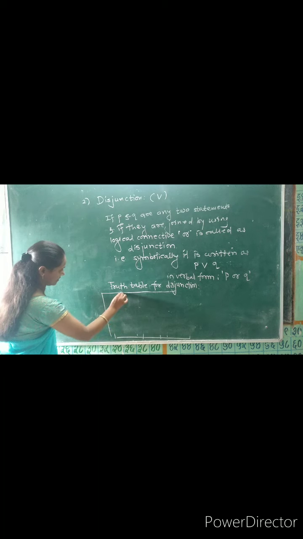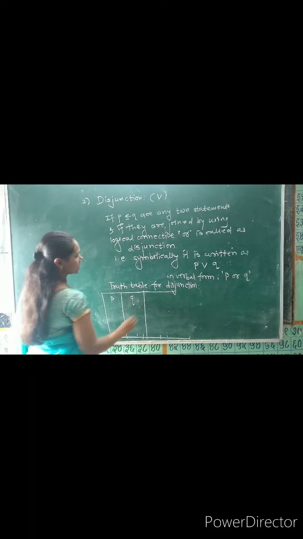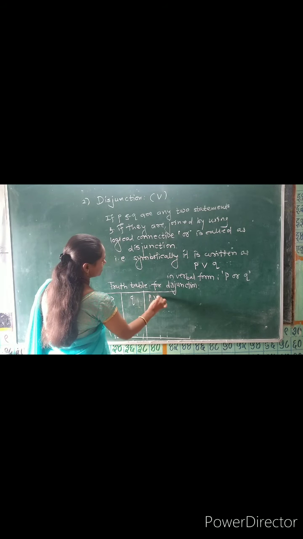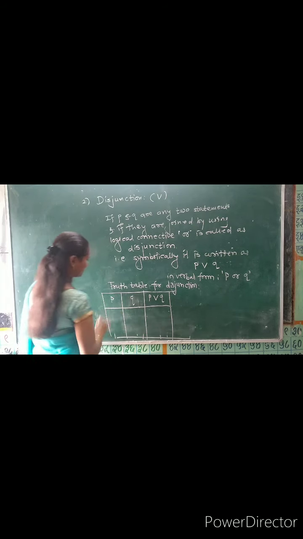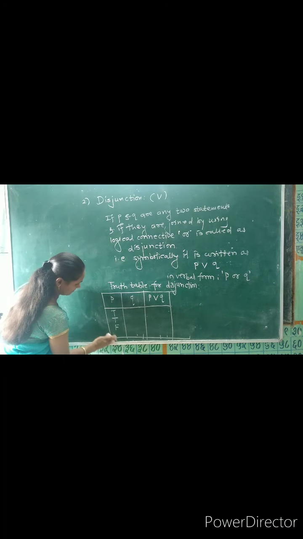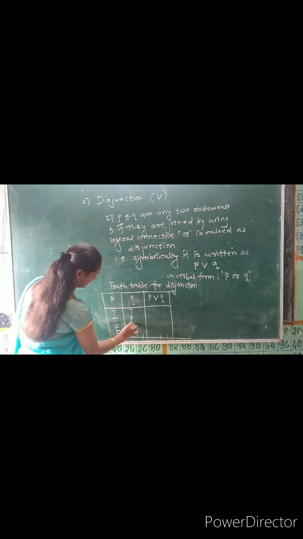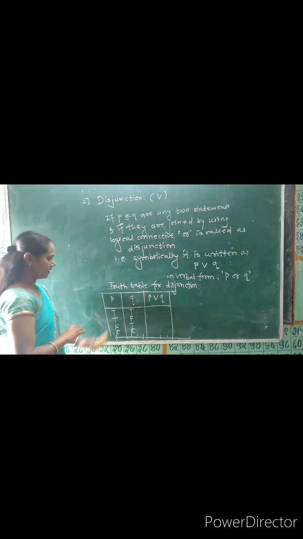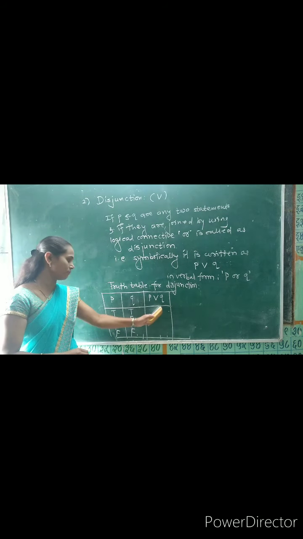Again we make the same table for disjunction: statement P, statement Q, and here we write the disjunction of both statements, P or Q. First, in statement P, write T, T, F, F. And in statement Q, write T, F, again T, F. In disjunction, if both the statements are false, then the truth value of disjunction is false.